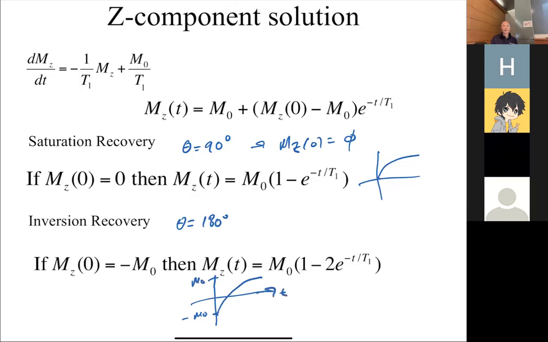So why might that be a useful thing to do? Why would you ever want to do something like that? What's special about that curve? It's crossing 0 at some point, right? Could you imagine using that somehow?